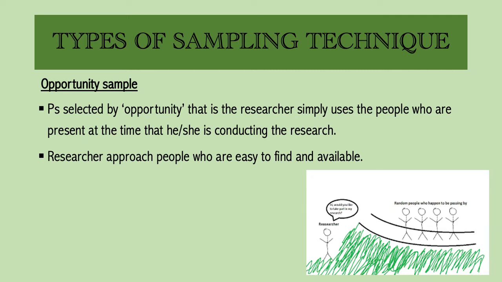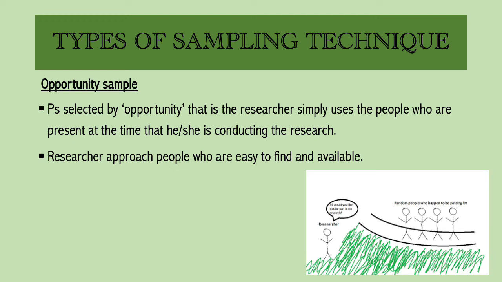A lot of researchers actually use this opportunity sample, especially in crowded areas like in a shopping mall or on the streets. Usually they just approach random people and ask if they are free and if they don't mind participating in the research.